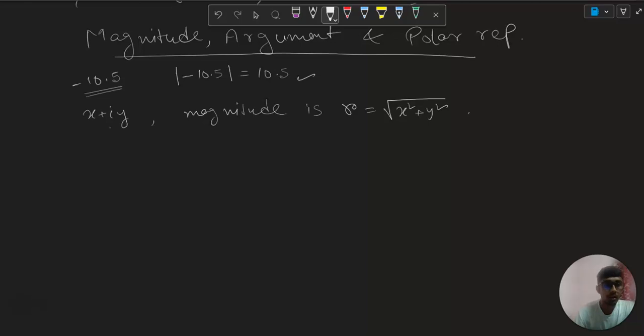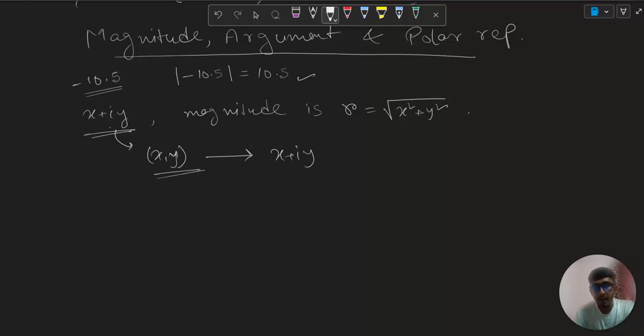Remember, we said before that the real ordered pair x comma y can be represented as the complex number x plus iy, using the two operations, addition and multiplication, we defined earlier.